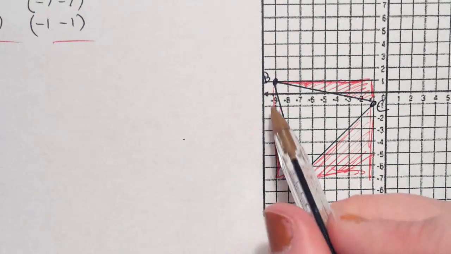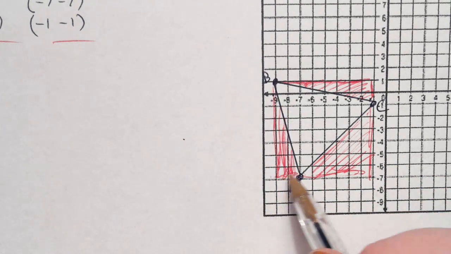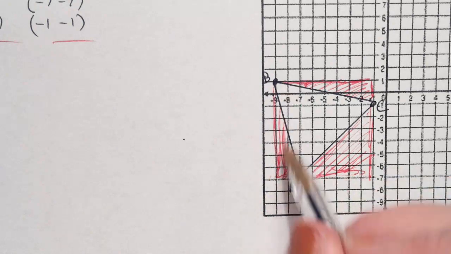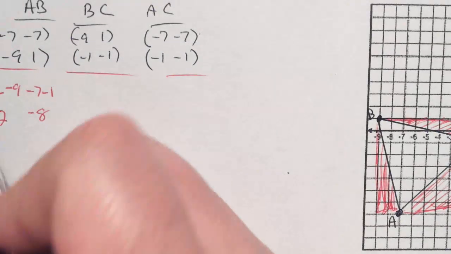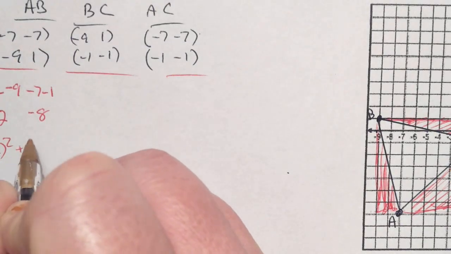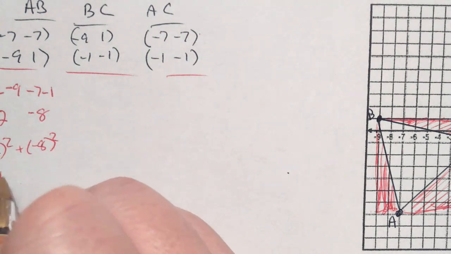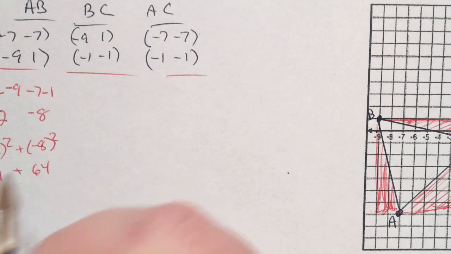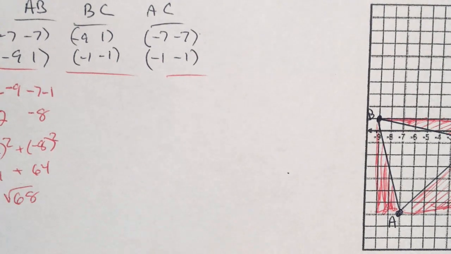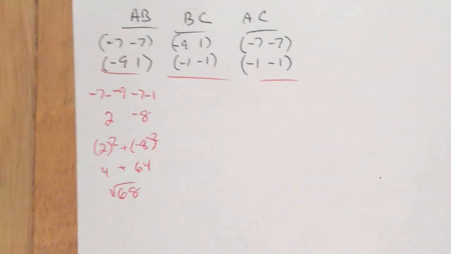That's 2 hops and that's 8 hops. That is correct. All right, so 2 squared plus -8 squared. So we got 4 plus 64. And you get the square root of 68, and you would just leave it as the square root of 68.